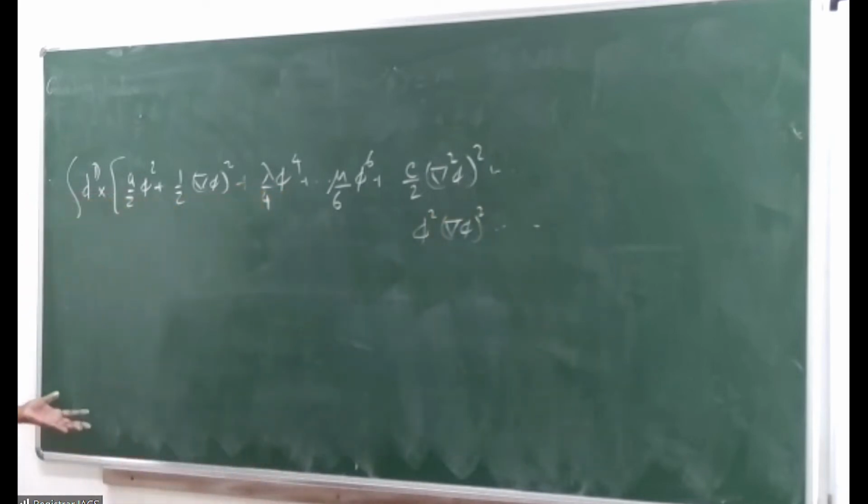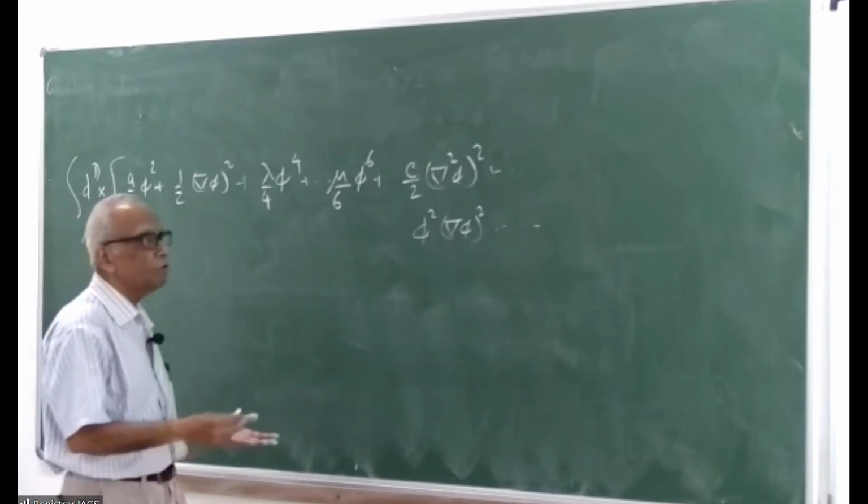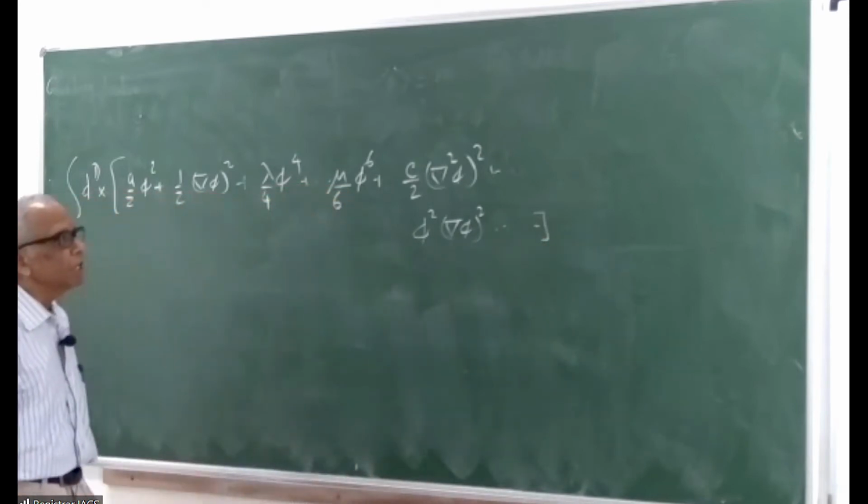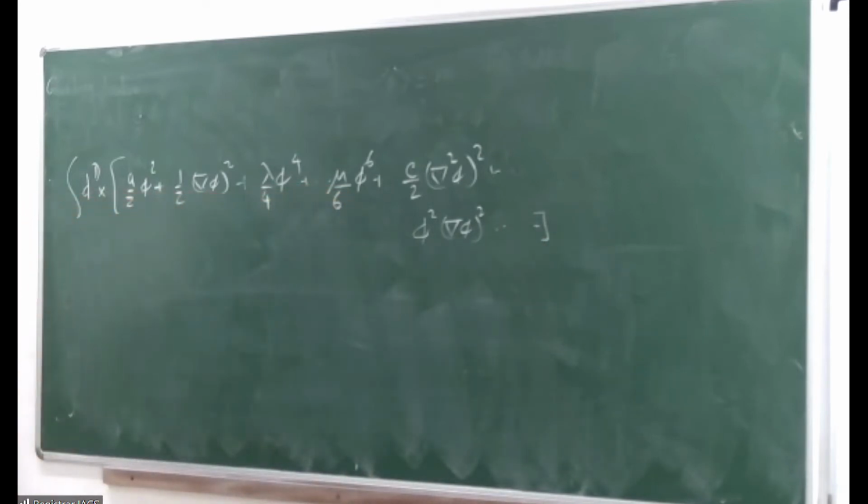All these could have been there. So offhand, what logic could one possibly use to say, I will ignore those and work with only this part? I'll give you an argument which is correct up to a point and heuristic after that.